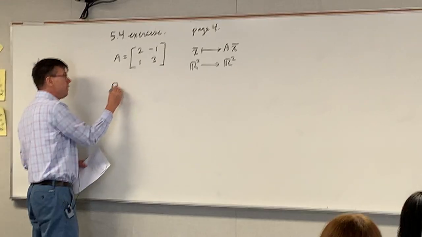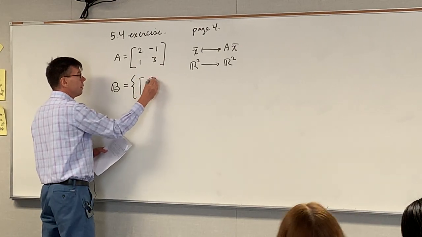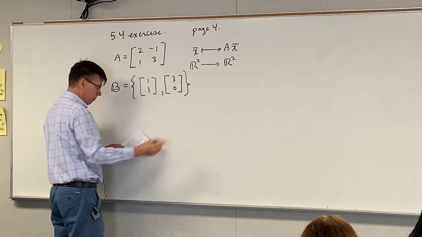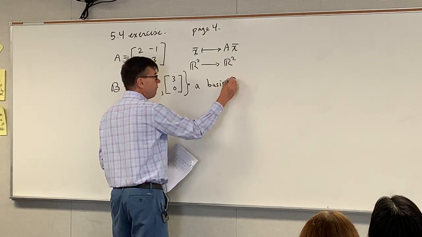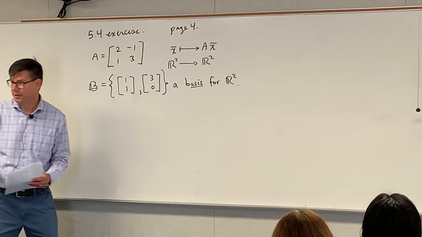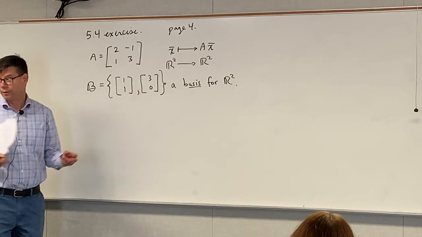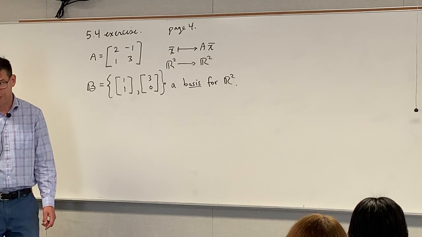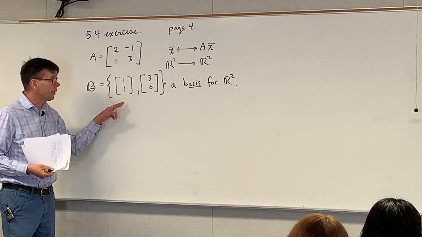And I'm calling B this set of two vectors, 1, 1, and 3, 0. And that's a basis for R2. And R2, I've kind of picked an easy space for myself. It's two-dimensional, so any set of two linearly independent vectors is going to be a basis.